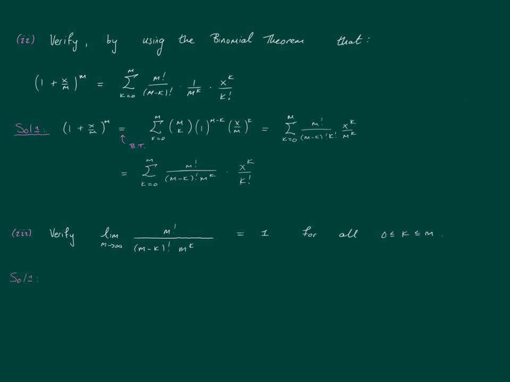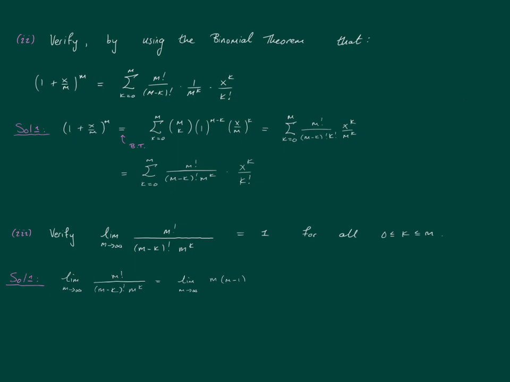Okay, solution. The hard part about this is just recognizing how the factorials cancel. So the limit as m goes to infinity of m factorial over (m minus k) factorial m to the k. Now let's write out m factorial.